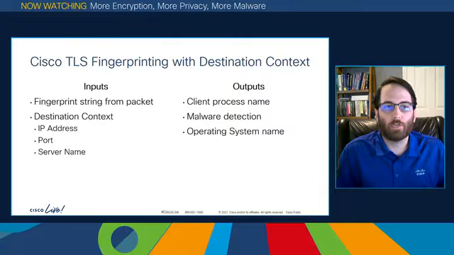Unlike other approaches, we also incorporate the destination context. This allows us to disambiguate amongst all of the processes that are using the same fingerprint. With our system, we facilitate high efficacy client process identification, operating system identification, and the ability to detect malware.